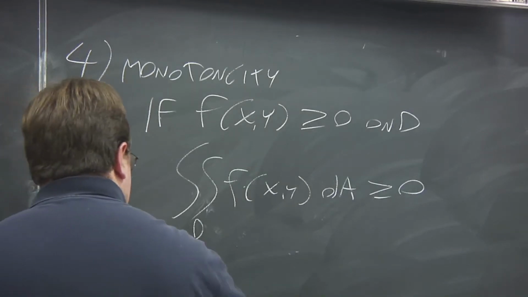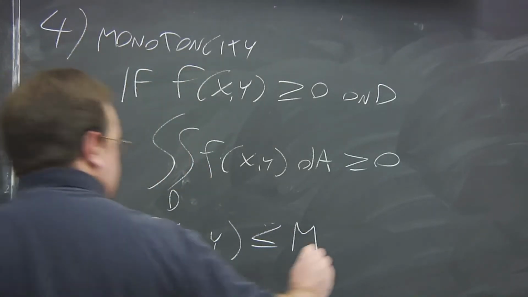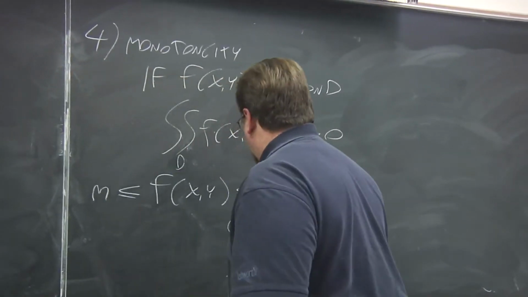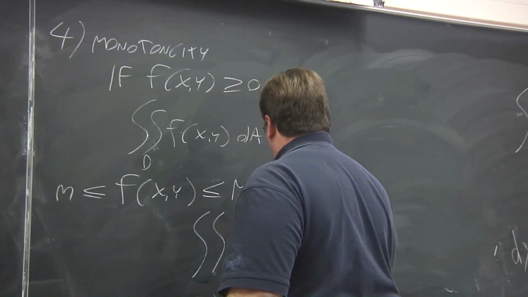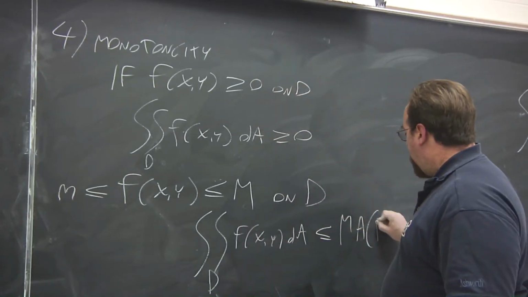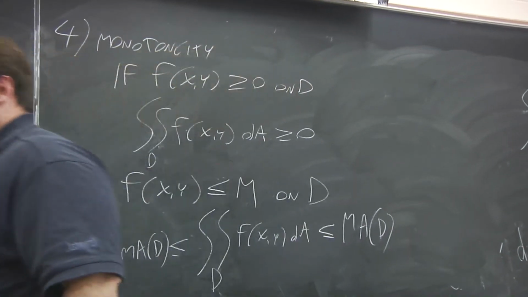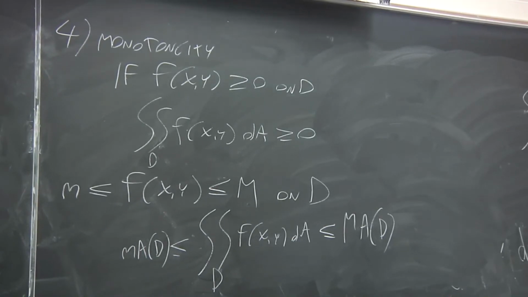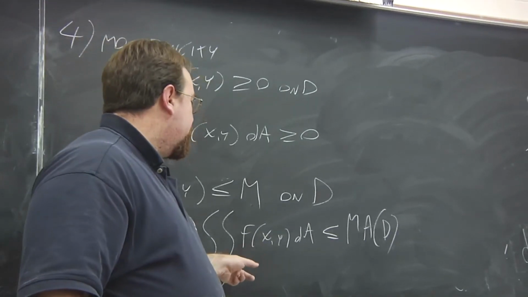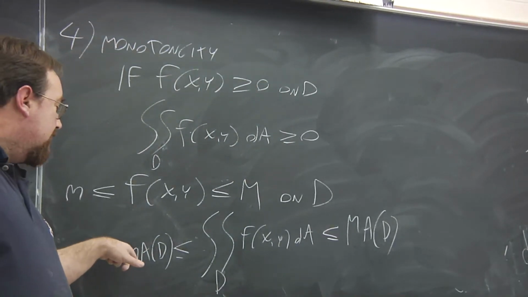Suppose that your function is bounded by little m and big M on the region D. Then you can bound the integral over D. So it's bounded above by the maximum value times the area of D, bounded below by the minimum value times the area of D. In the single variable case, you had a property like this where the integral from a to b was bounded above by big M times b minus a, the width of the interval, and bounded below by little m times b minus a.